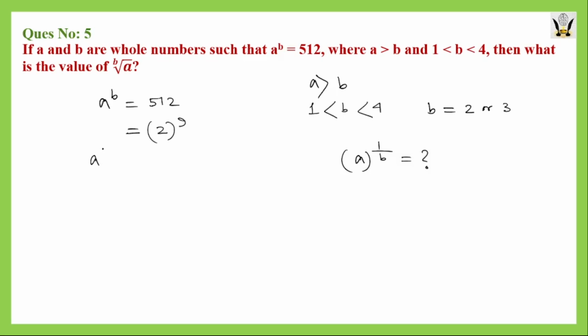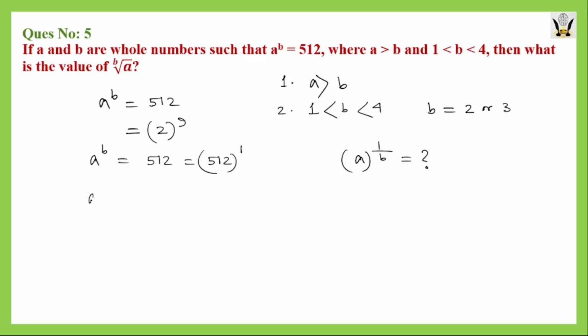The other combination, 512 we can write as 512 to the power 1. So 512 in that case will be a, and b will be 1. So a is greater than b, so the first condition is getting satisfied, but the second condition is not being satisfied here. So these values are not possible.